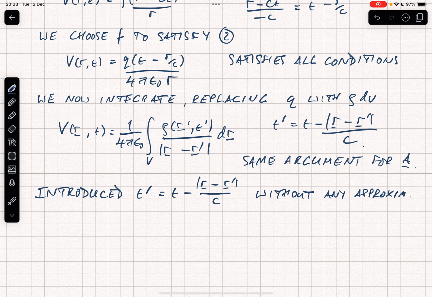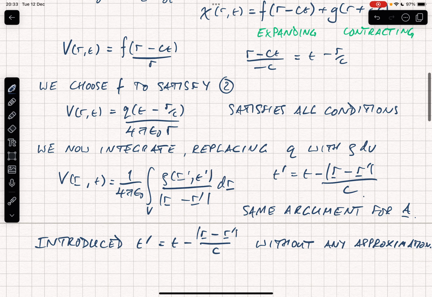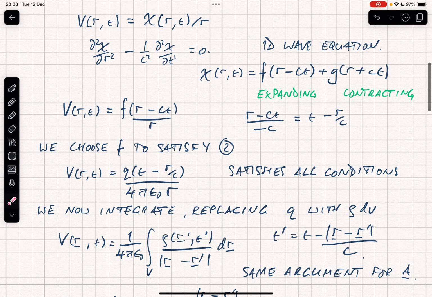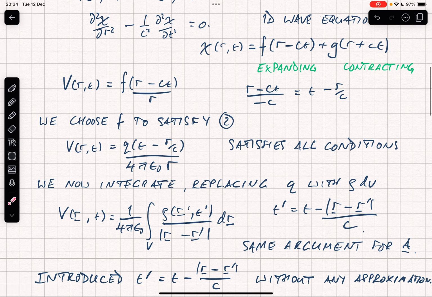In the first video, we sort of waved our hands a little bit and said, well, it takes time for electromagnetic waves to propagate, therefore we'll use these sources at an earlier time. Here we found that the solution actually naturally comes out of this 1D wave equation, which of course itself is a way of saying that it takes time for electromagnetic information to propagate, but this is now a formal definition.